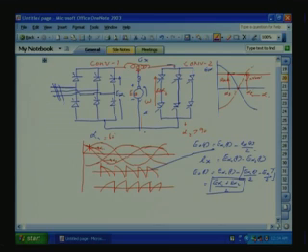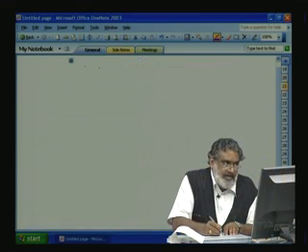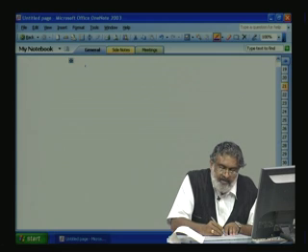Now, for a typical firing angle of alpha equal to 60, I will try to draw how the waveform will look. So, this is our E A, or VABC.